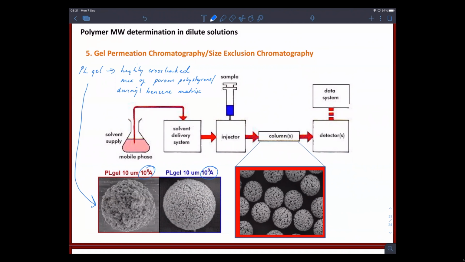So this is our divinyl benzene. For a chemist, I'm really bad at drawing these.